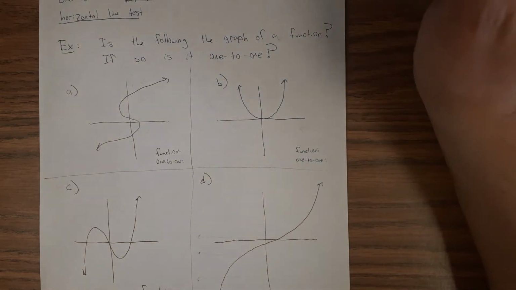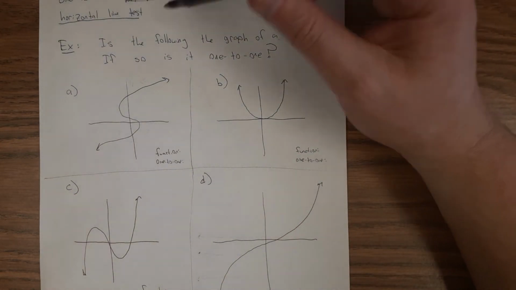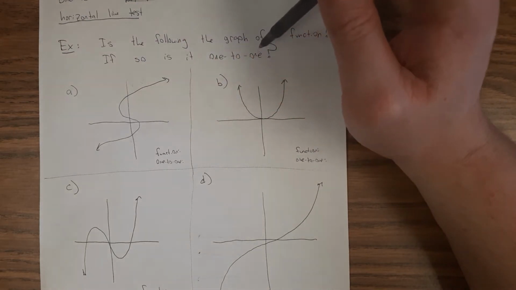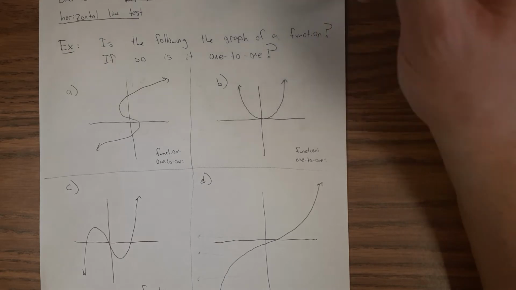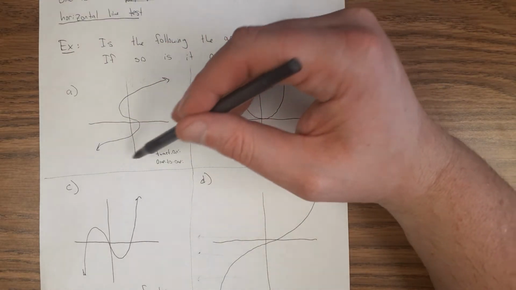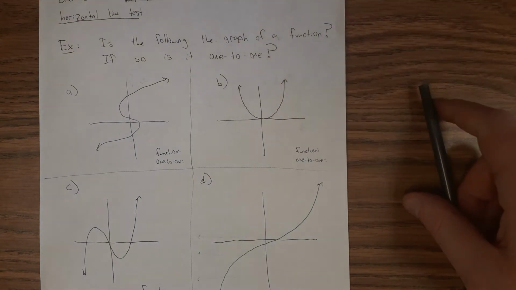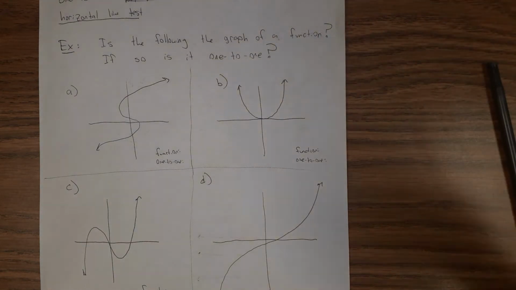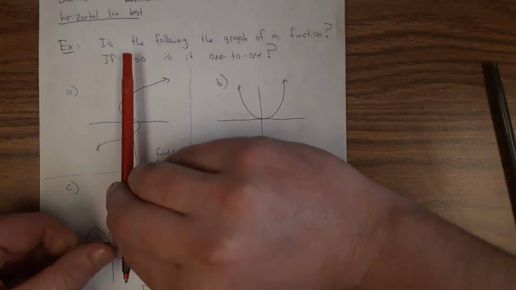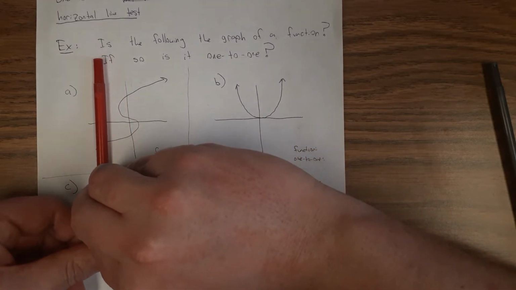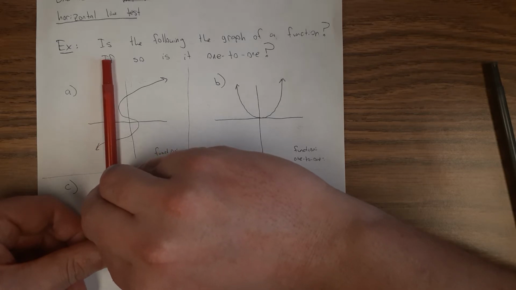So let's look at some examples of that. So, is the following graph a function? And if it is, is it 1-to-1? So here I've got this. The first question is about whether it's a function, and for that we look at the vertical line test. So let me just pretend my pen is a vertical line. It's vertical enough, right? And so some vertical lines only cross once.